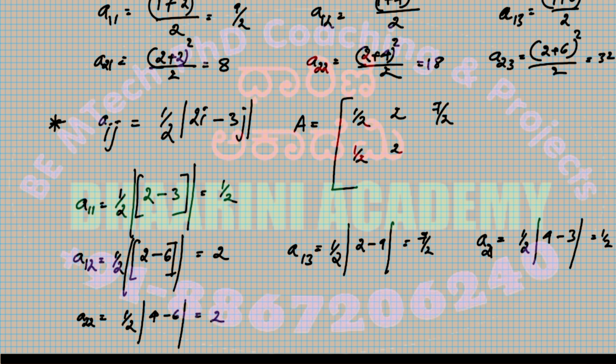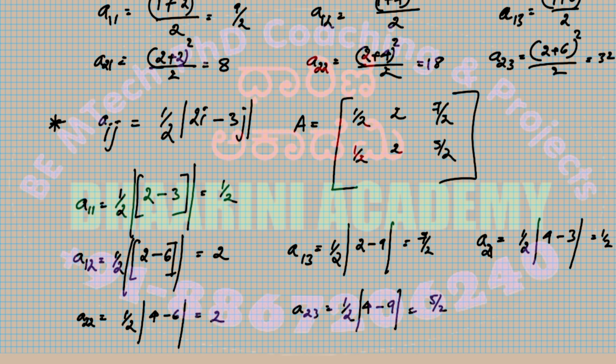Okay. Then we have A23. So this is half, 2 into 2, 4, minus, this is 9. So magnitude makes it positive. So 5 by 2 is the required matrix.